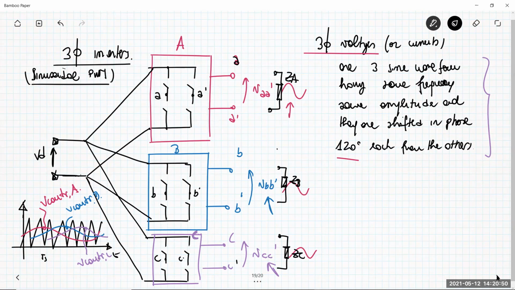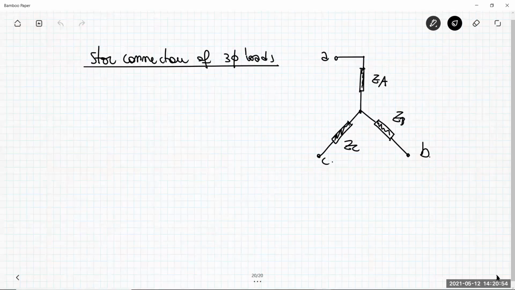Okay, so for example, it means that Z_A is connected between A and A prime. So A prime is here in order to have here V_AA prime.